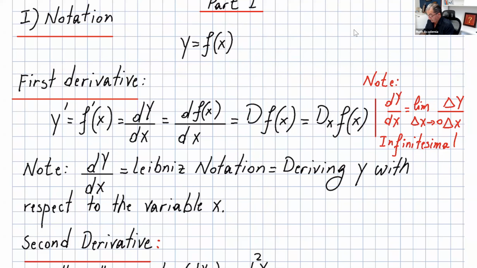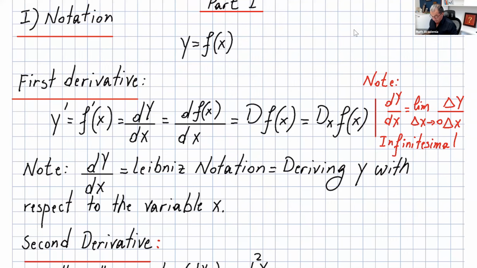Dy dx is just the limit as delta x, the difference in x, approaches 0 of delta y over delta x. That means it's very, very small, and we call that infinitesimal. As you take more math classes, this is going to make more and more sense to you.